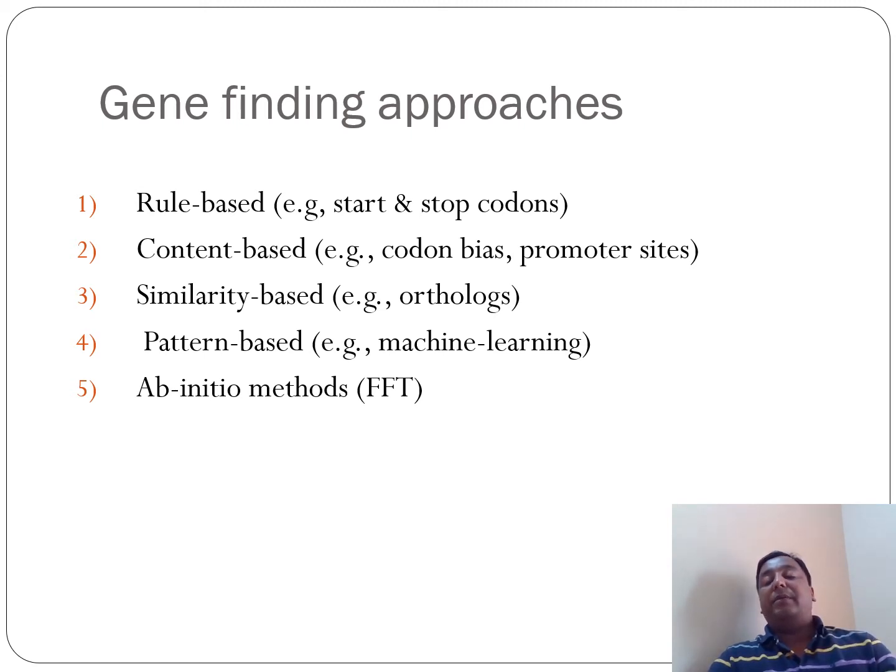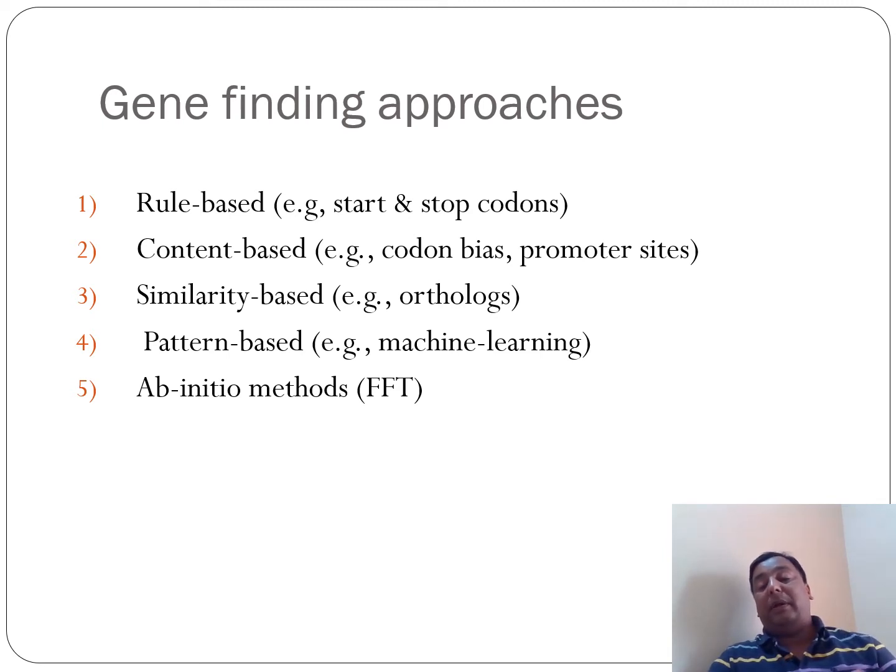And here, pattern based approaches are also used to identify the genes based on machine learning approaches, where we give a set of genes as an input, and then we will see what useful, functional genes are there as an output.